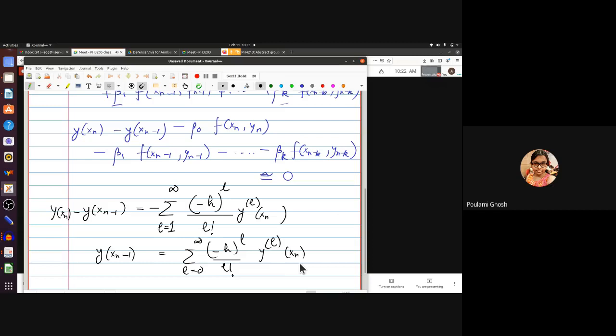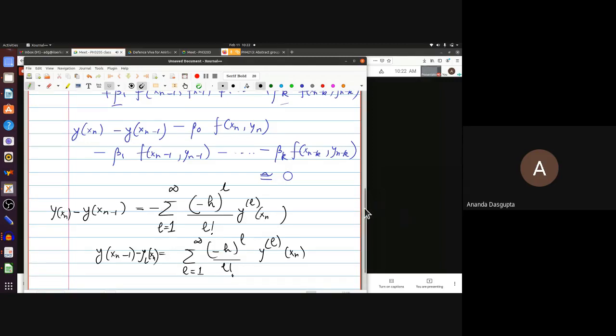Okay, so if everybody agrees, you should realize that the zeroth term of this is actually y(xn), which if you take to the other side, you get this. That's exactly what we had up there, except that we had y(xn) minus y(xn minus 1) on the left. That's why you have an extra minus sign.